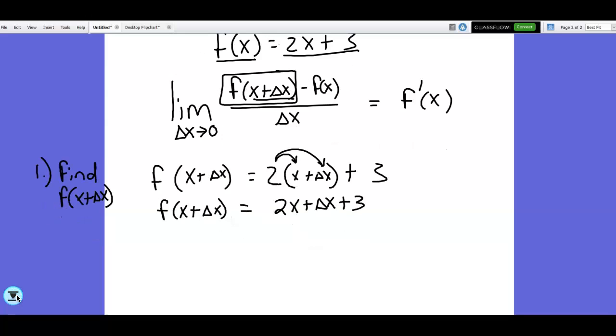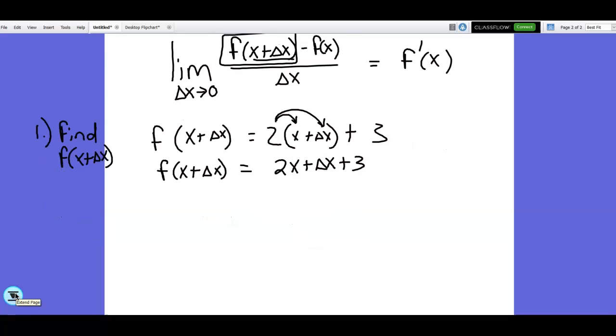Okay, now that we have f of x plus delta x, what I'm going to do is plug it into our formula for the limit definition of a derivative.